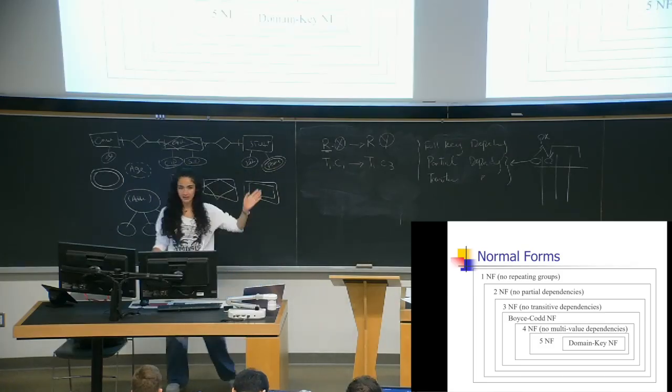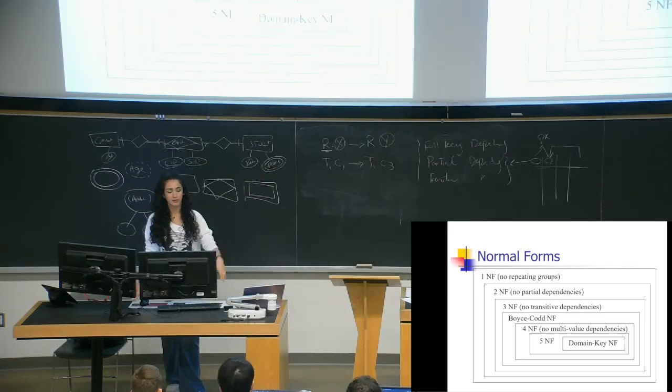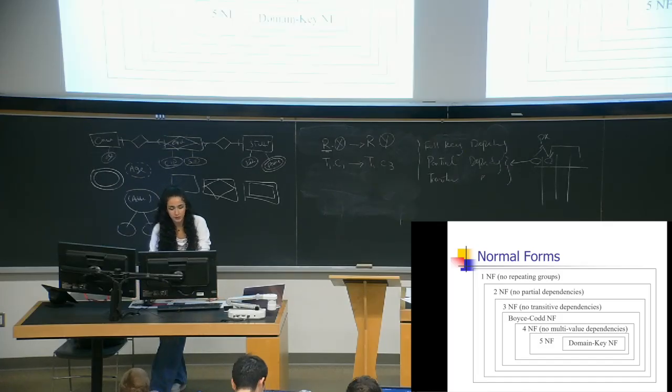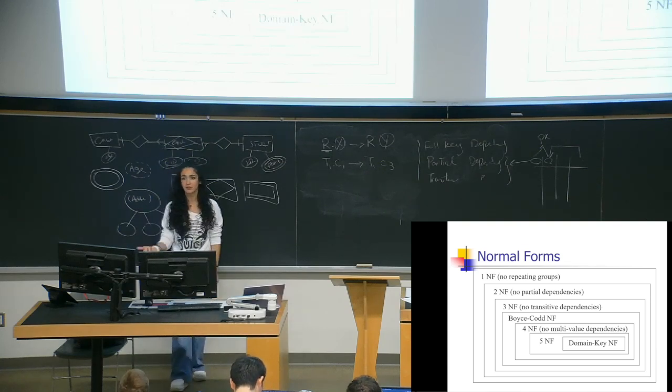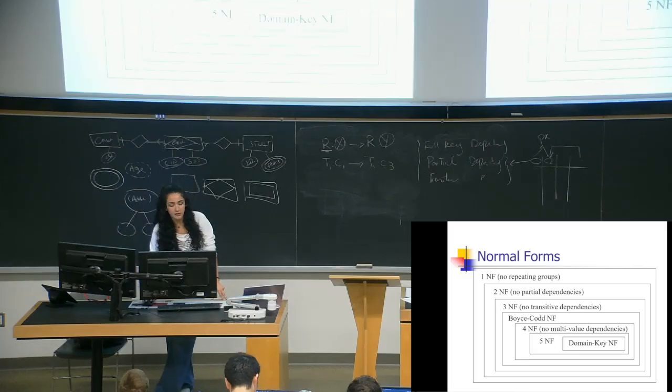That's why I provide an overview of this first, because, for example, if I just tell you this slide, 1NF means no repeating groups. 2NF or second normal form means no partial dependency. So you have to understand what partial dependency is, right? 3NF or third normal form means no transitive dependency. So you also have to know what transitive dependency is.